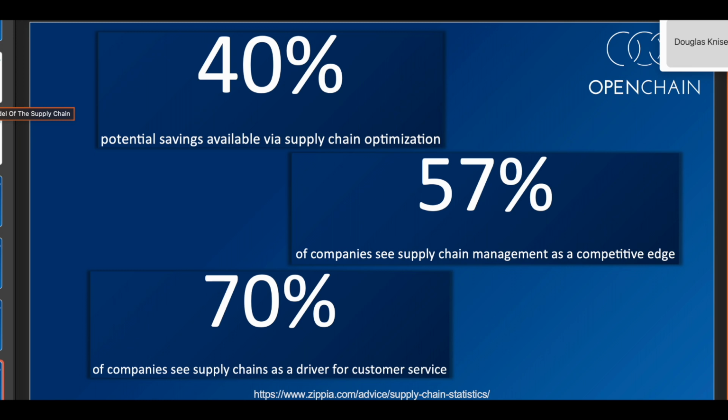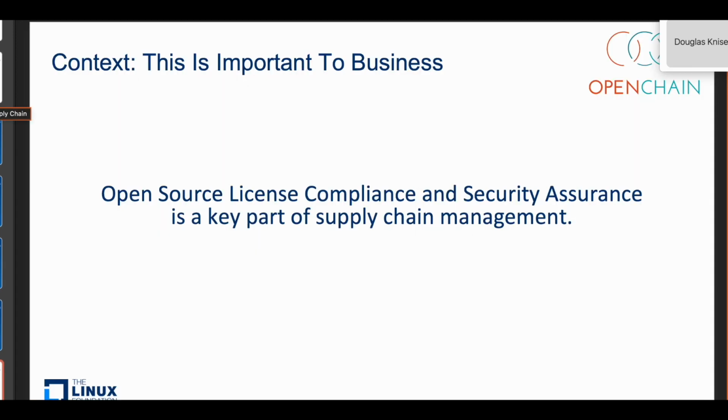Over half of companies think that supply chain management is a competitive edge, and 70% think it impacts customer service. Yet we're not seeing the results we'd want overarchingly in supply chains. From the optic I come at, where I'm coming at this is the fact that open source license compliance and security assurance is a key part of supply chain management.